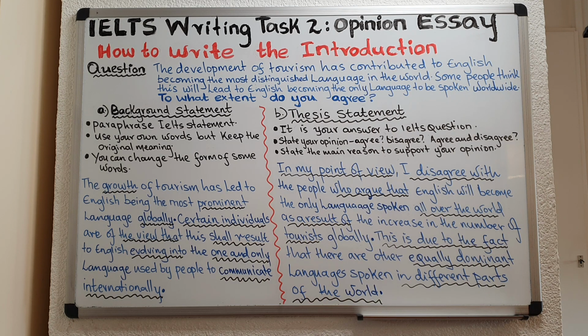The second sentence is, some people think this will lead to English becoming the only language to be spoken worldwide. Two sentences in the IELTS statement. In my background statement, I also have two sentences. So the number of sentences you have in your background statement should not be more than two sentences.